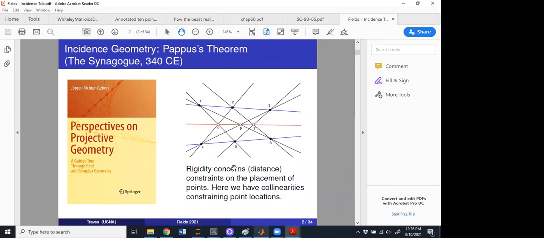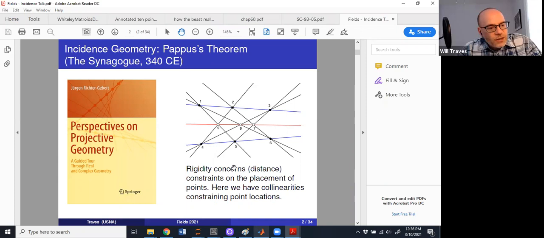Yeah. And so I would like to know what the configurations of lines are that give you dependencies like this. This is one configuration, but there are many others.